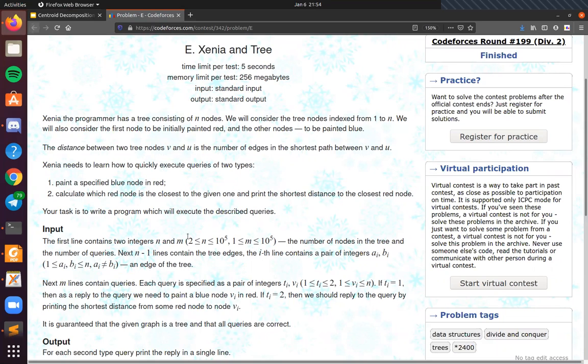We will consider the tree nodes indexed from 1 to n. We will also consider the first node to be initially painted red and the other nodes to be painted blue. The distance between two nodes v and u is the number of edges in the shortest path between v and u. Xenia needs to learn how to quickly execute queries of two types. Paint a specified blue node red. The second one, calculate which red node is the closest to the given one and print the shortest distance. Your task is to write a program which will execute the described queries.